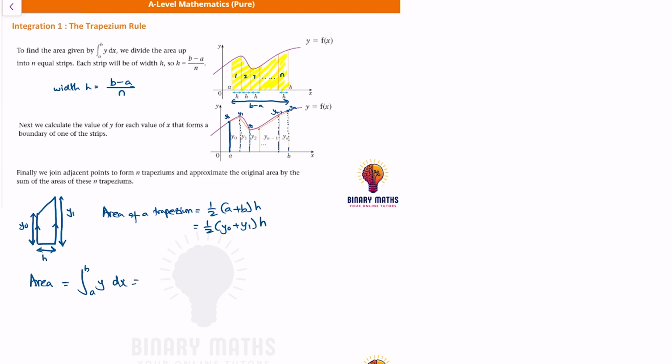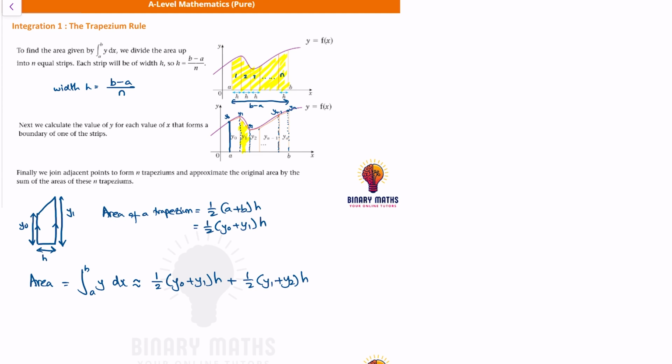Because we're using an approximation, as we divide it into trapeziums and it's not exactly the area, this is approximately equal to the first trapezium. The area of the first trapezium is half of y0 plus y1 times h. The next one would be half of y1 plus y2 times h.